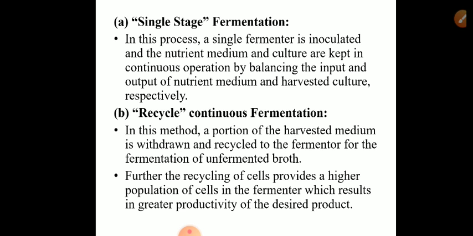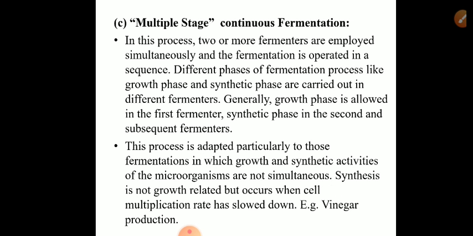Further, many a times we recycle the fermented or harvested medium because it contains microorganisms which can speed up the process of fermentation and productivity is increased. Multiple stage continuous fermentations are those in which 2 or more fermenters are employed simultaneously and fermentation is operated or done in a sequence.